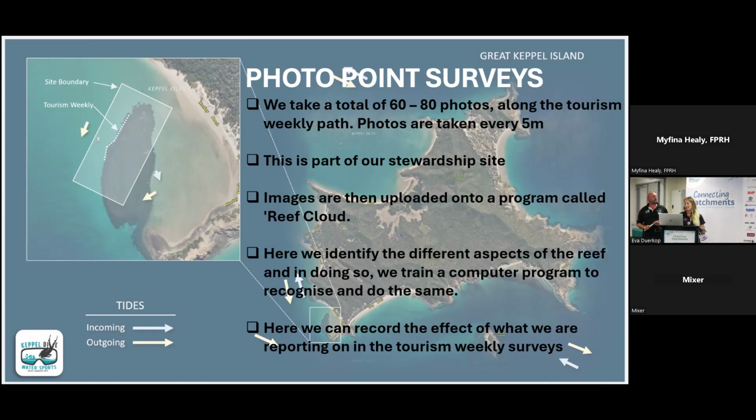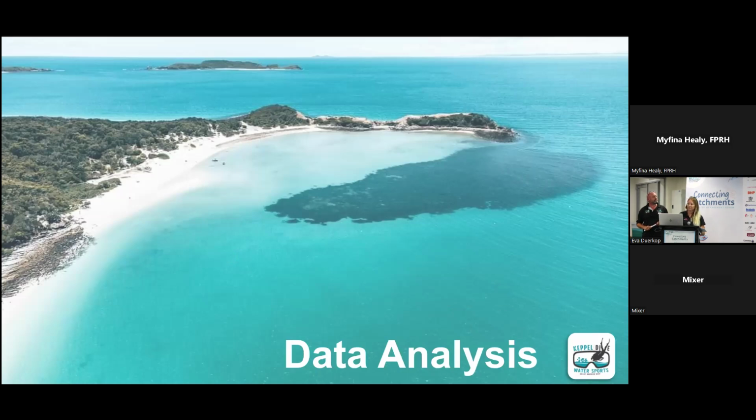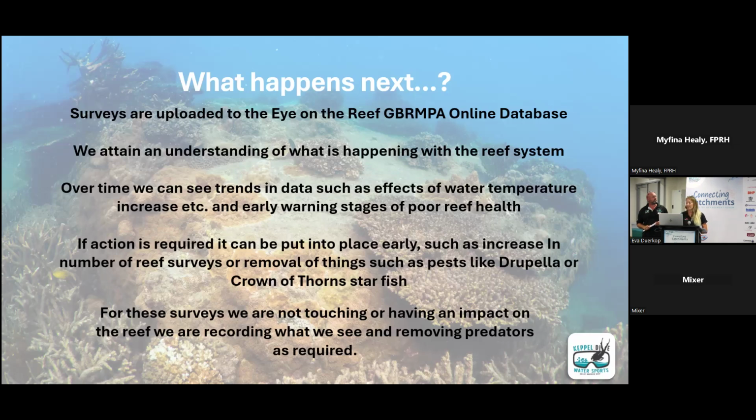So data analysis, what happens next? So then these surveys are uploaded onto the Great Barrier Reef Marine Park online database, where we can attain an understanding of what is happening with the reef system. Over time, we can see trends in data such as effects of water temperature increase, etc., and the early warning stages of poor reef health.